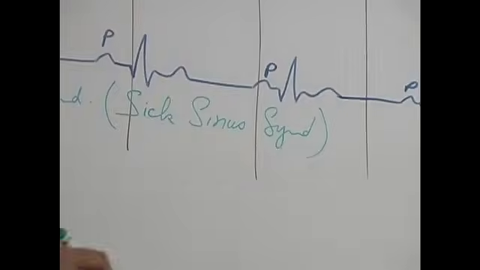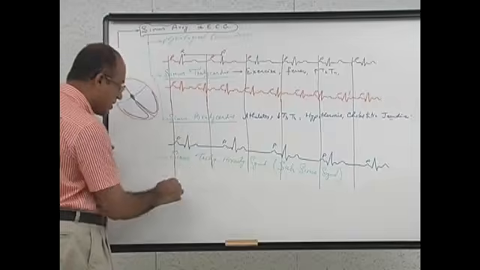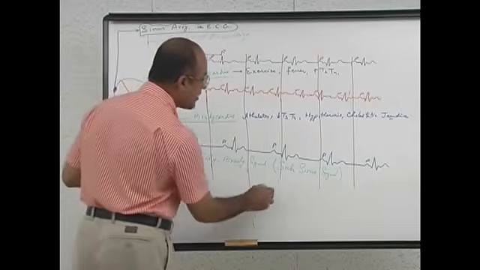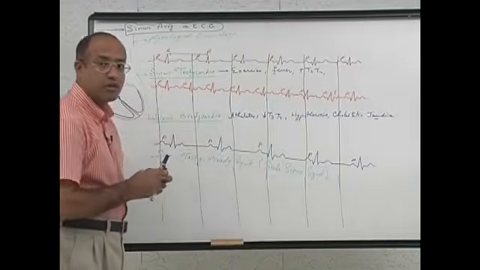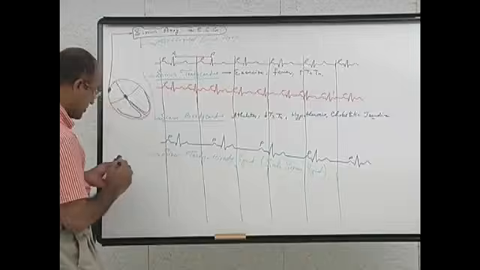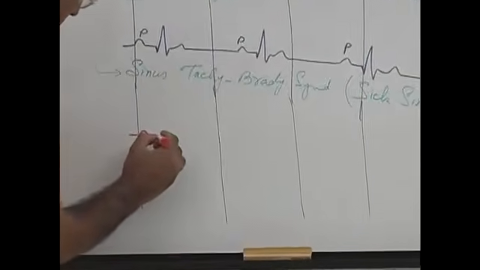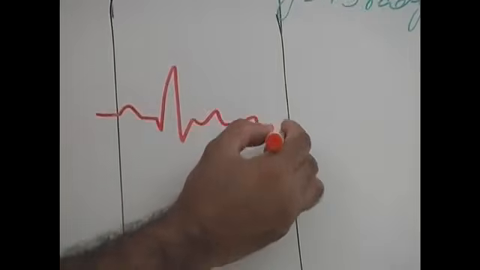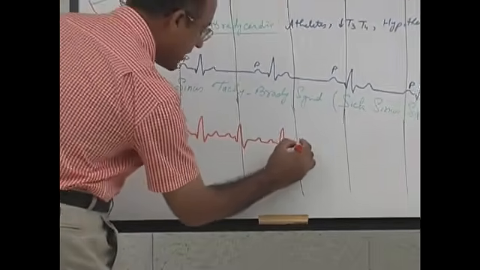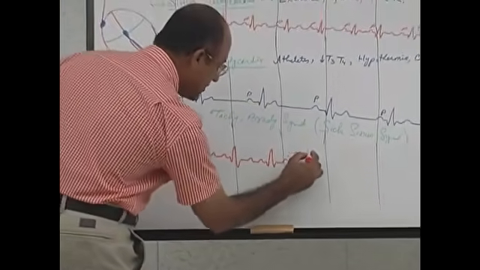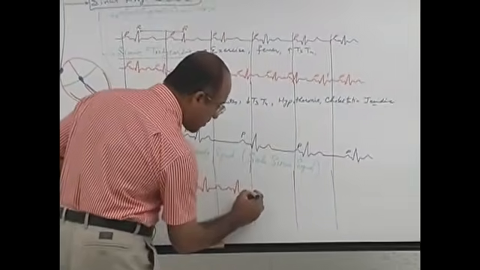So in sick sinus syndrome, the SA node is behaving in a pathological fashion. For some time it may be firing faster than normal, and at other times slower than normal pace. For example, maybe the SA node is first firing more frequently and P waves are appearing very early in time, and then the SA node suddenly starts firing at a slower pace.